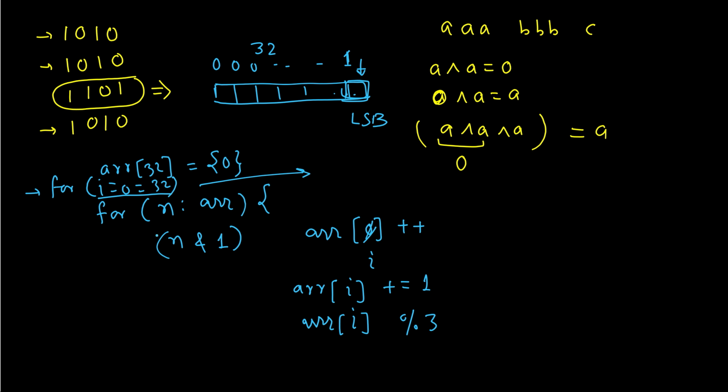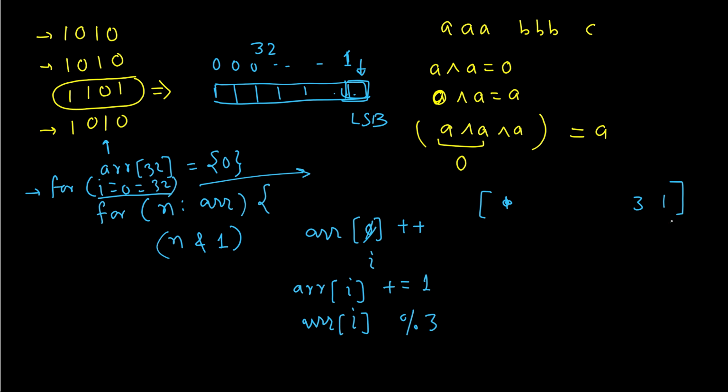So let's say now you have the count of all the bits. So here it will be 1, here it will be 3. You see this bit occurs 3 times, this occurs 1 time. I am storing in index i, so 0. You can think of it as 1.